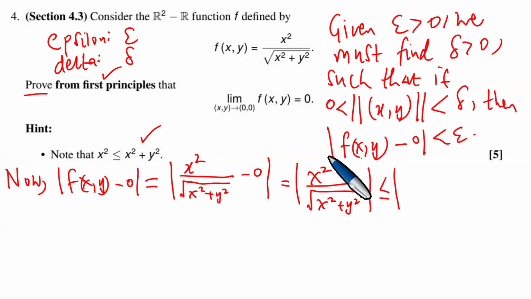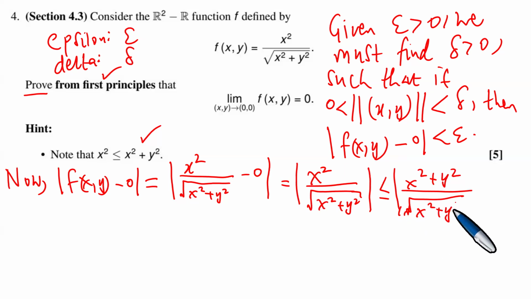Yes, x squared is less than or equal to x squared plus y squared. So we perform a substitution here, and therefore this is what we have here.